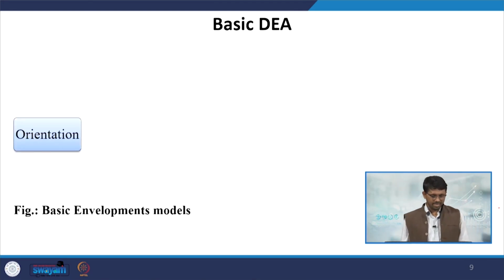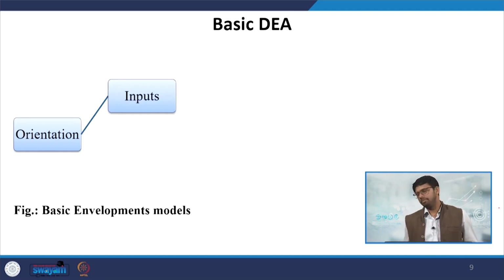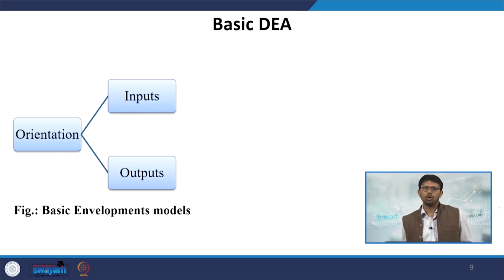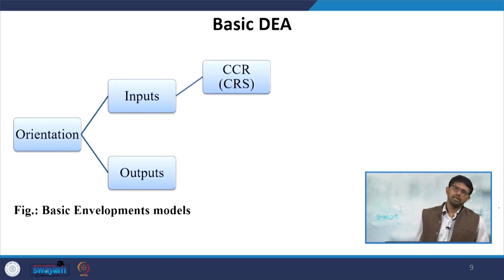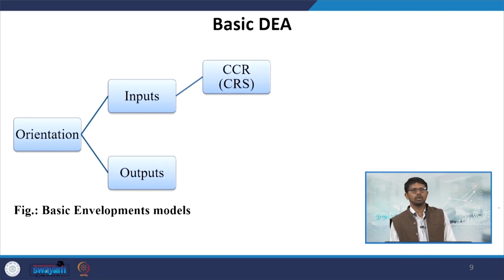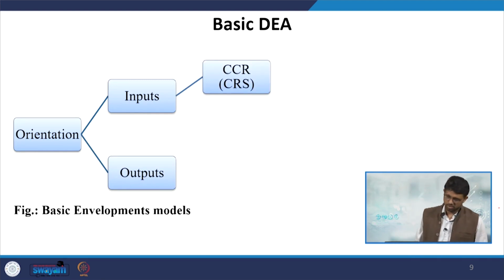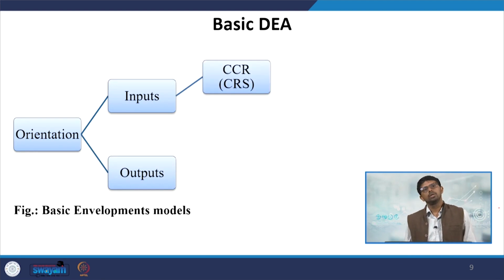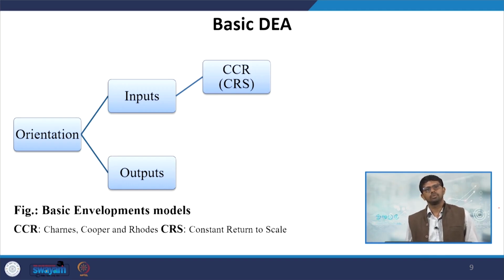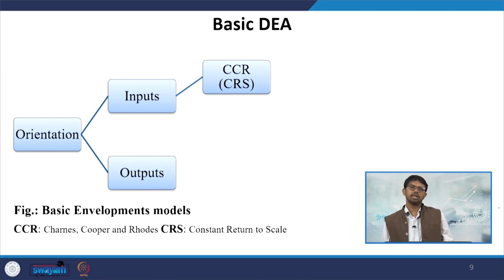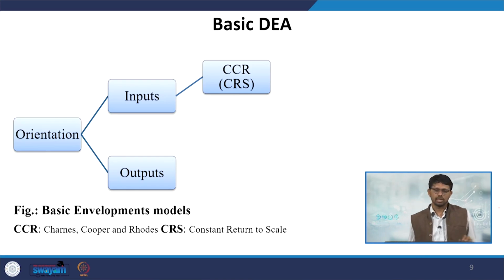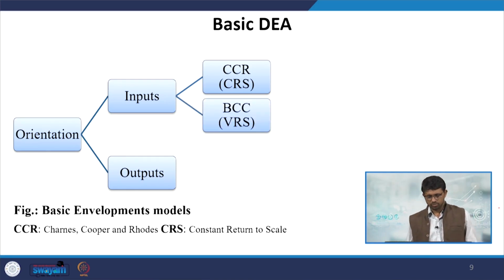In the basic DEA model, we start with the orientation, that is, whether it is input oriented or output oriented. In the input oriented, we have the model through the CRS or the variable returns to scale model. In the CRS we have the CCR model. CCR stands for the names of the authors who started it, Charnes, Cooper and Rhodes, and follows CRS, that is, constant returns to scale, with their assumption.